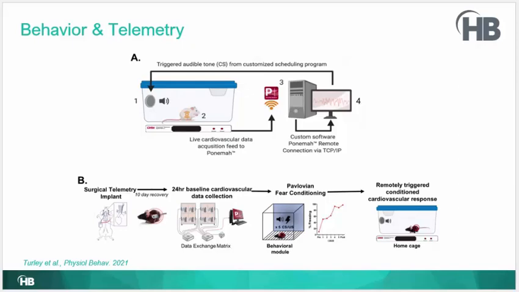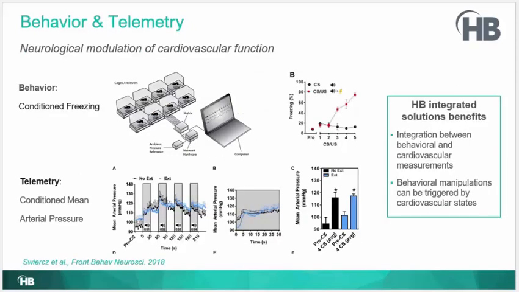In this particular study, they were also looking at other measures of conditioned fear. They were looking at conditioned cardiovascular responses at the exact same time that they were looking at contextual and cued fear conditioning. In this image, on the top is the behavioral side, with the PanLab instruments recording the freezing behavior, and panel B shows the freezing in response to the tone.